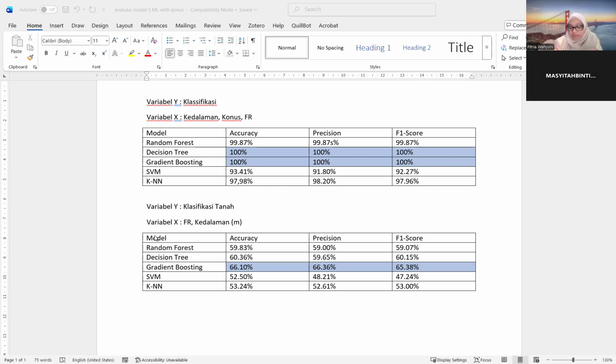So I thought that I need the settlement plate data, but in Surabaya we don't have much data, only one settlement plate. The title will be changed, whatever.